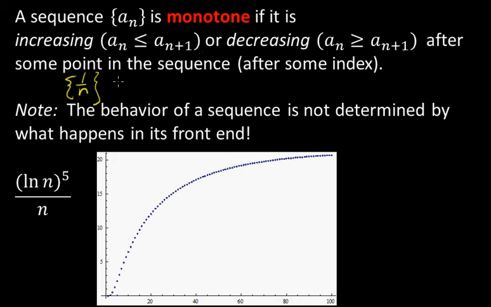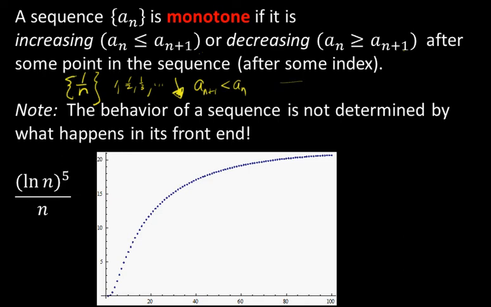We know that 1 over n is 1, 1/2, 1/3, etc. So it is strictly decreasing. From n equals 1 on, we can say that a sub n plus 1 is less than a sub n. So we have a decreasing sequence, monotone decreasing.